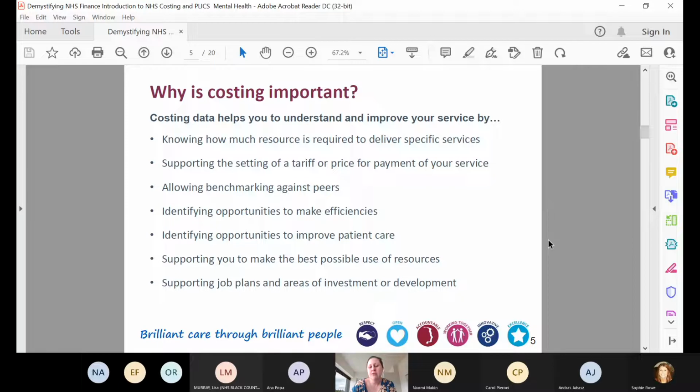So if you know that you have a finite element of resource, you can start to choose where you pinpoint that resource for maximum effect. And then finally, it supports our job plans and areas for investment or development. So there's a whole range of different uses and applications that can come about as a result of working with costing data.